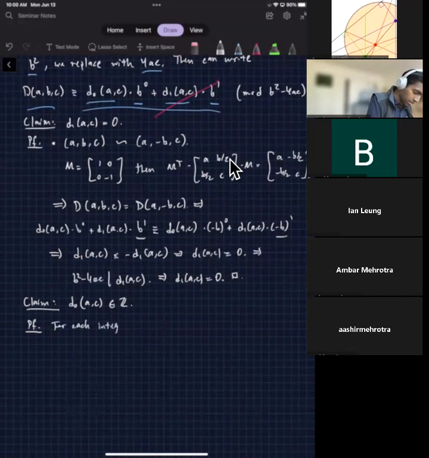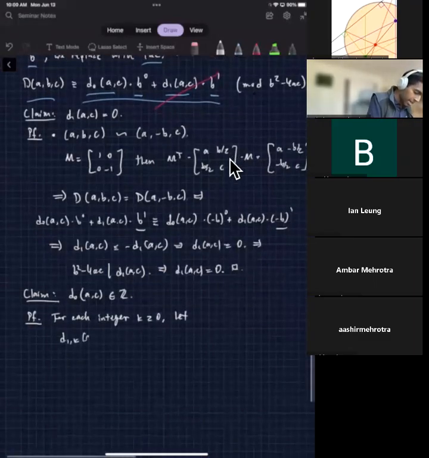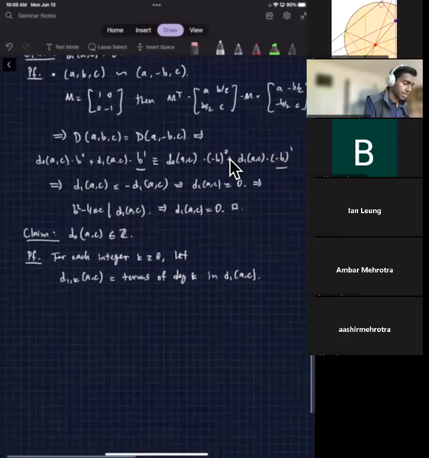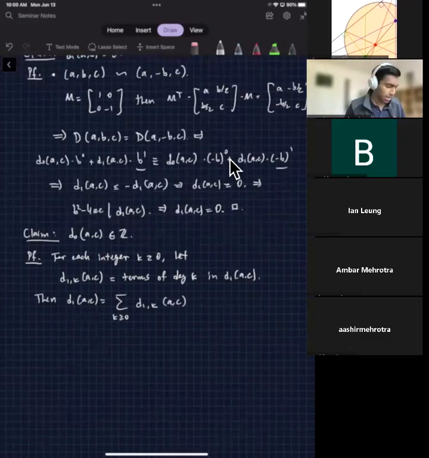For each integer k greater than or equal to 0, I'm going to let d1k(a,c) be the terms of degree k in the polynomial d1(a,c). Just the terms of degree k. So then d1(a,c) is just the sum over all k greater than or equal to 0 of the degree k terms. We're just partitioning d1(a,c) into polynomials, all of which have the same degree.